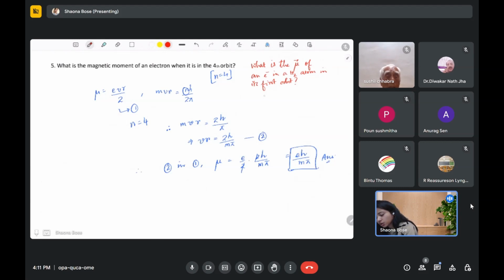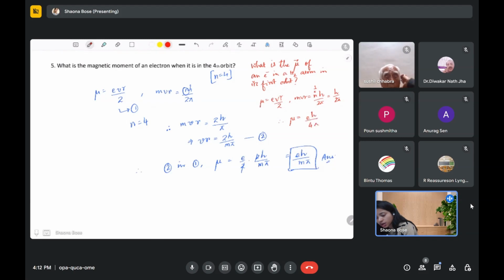Yes, again, the one whose name I can't pronounce is correct. So as usual, you have your moment is evr by 2, and you have mvr is equal to nh by 2 pi. So here, n is equal to 1, so just h by 2 pi, right?